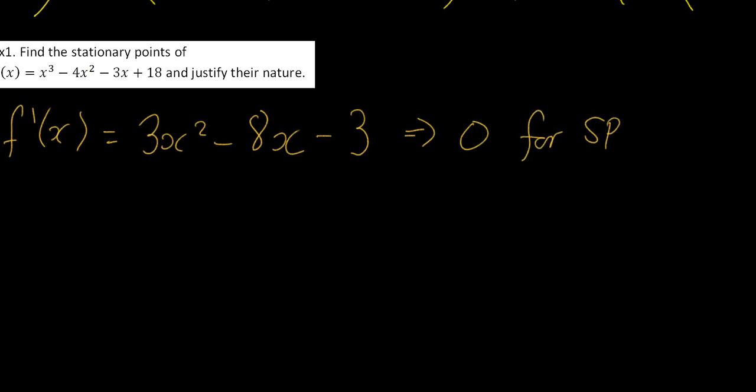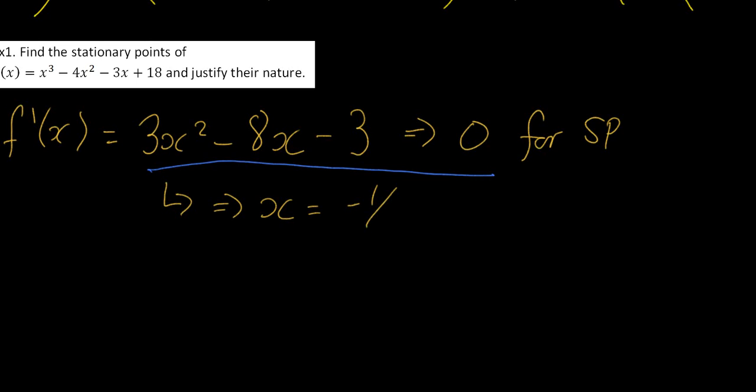Solving for x will give us the x coordinates of any stationary point. If you solve this, you can just factorize, it is a quadratic. You're going to get either x equals negative 1/3 or 3.